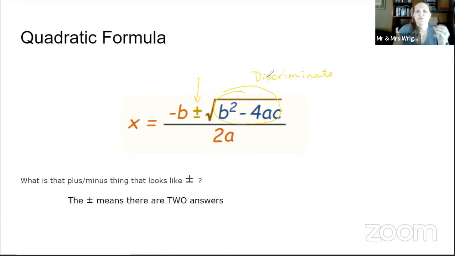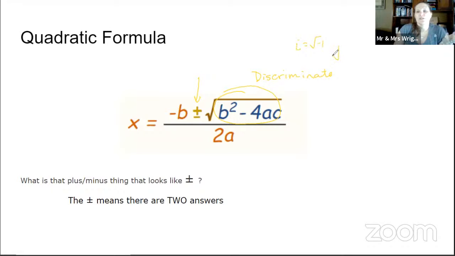If you have a positive number, you're going to have 2 answers. If you have a 0, you will only have 1 answer. And it's possible to have a negative as your discriminant, but then you get into imaginary numbers and complex numbers. We're not going to get into that in this class, but remember that i equals the square root of -1.